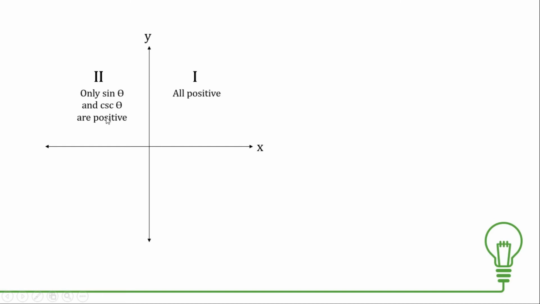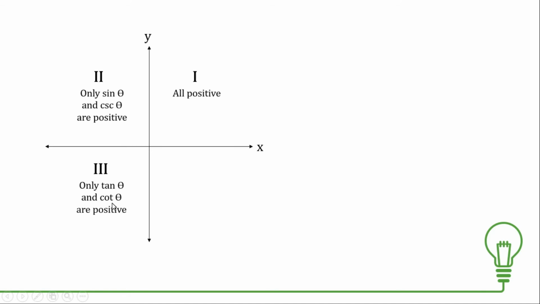Next, if the angle that we are after lies on the third quadrant, meaning to say both abscissa and ordinate are negative, meaning to say those functions with both abscissa and ordinate in them would just be the function that is positive. All right, and that is the tangent and its reciprocal, which is the cotangent function.